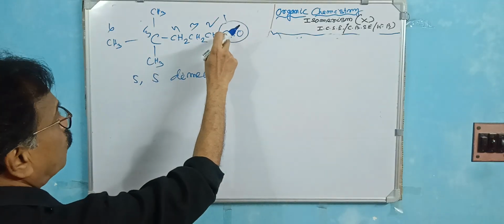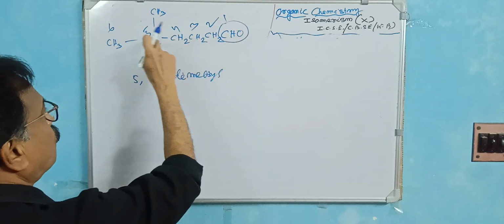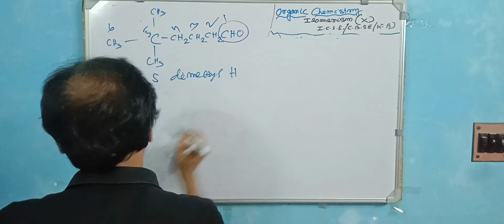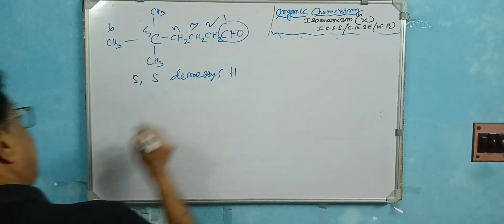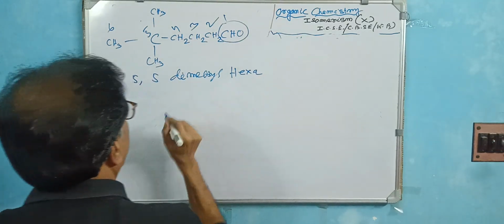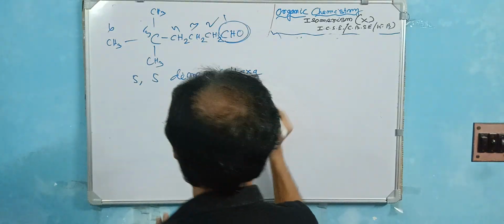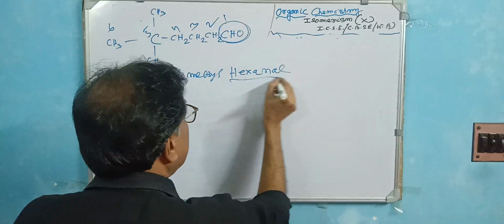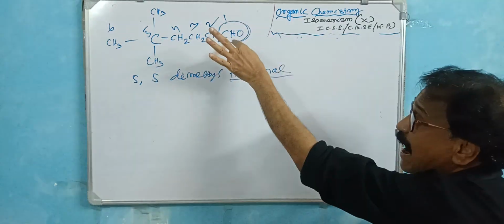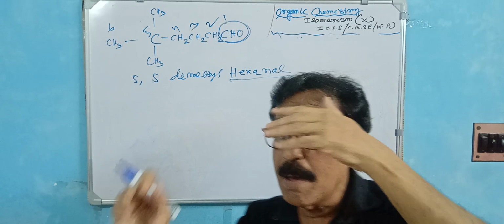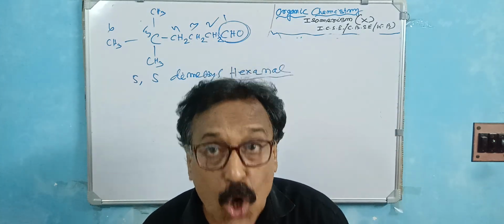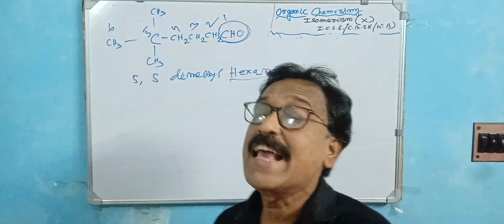What is the total root? The root is 6: 1, 2, 3, 4, 5, 6. Hexane. Hexa. This is the "nal" because this is the aldehyde. The naming is hexanal. Hexanal, the aldehyde "nal". You just remember, in case of alcohol OH it is "ol". In case of acid, "noic acid".